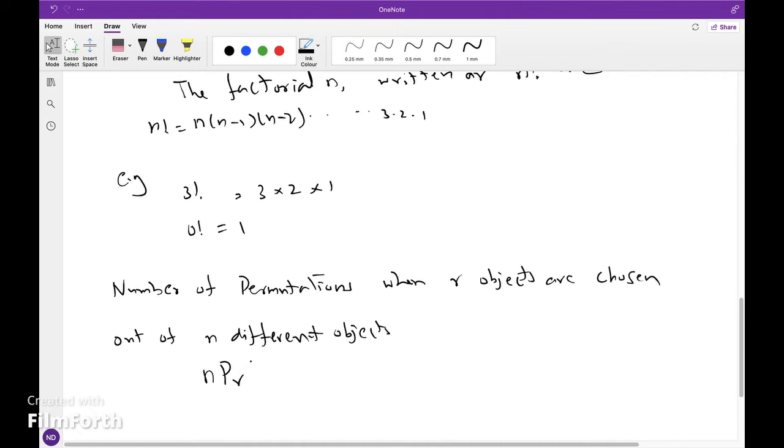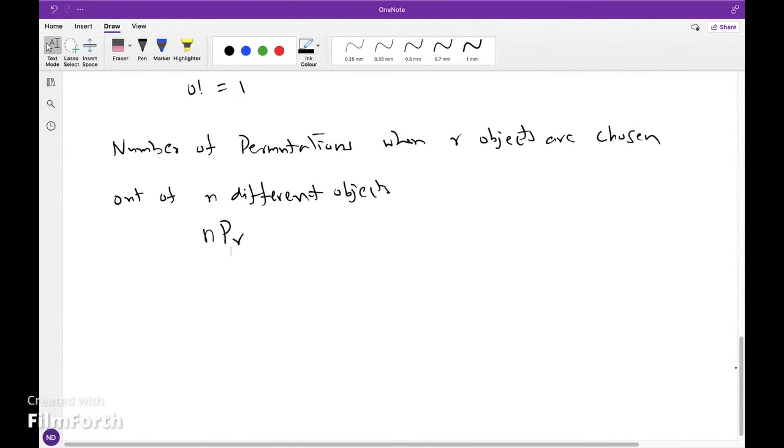Consider the problem of finding the number of ways in which the first r rankings can be secured by n students in a class. Any one of the n students can secure the first rank, so the number of ways is n. For the second rank, n minus 1 students are left, and the second rank can be secured by one of them, so there are n minus 1 ways.